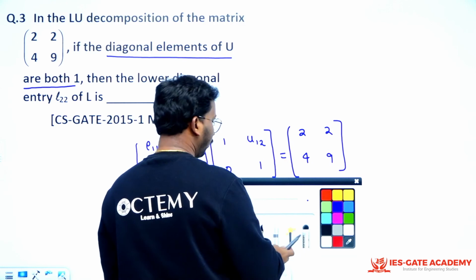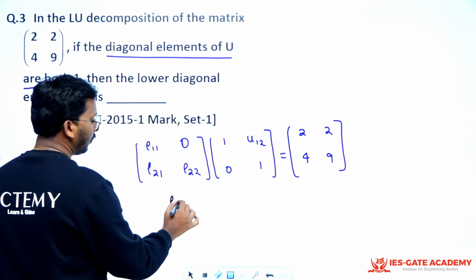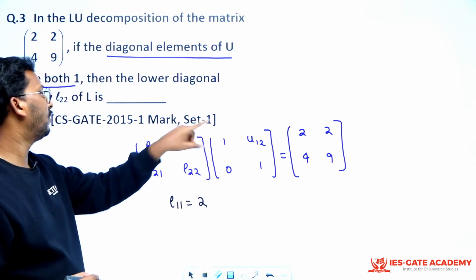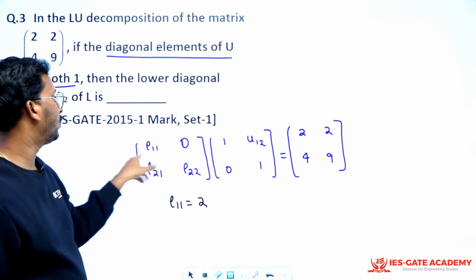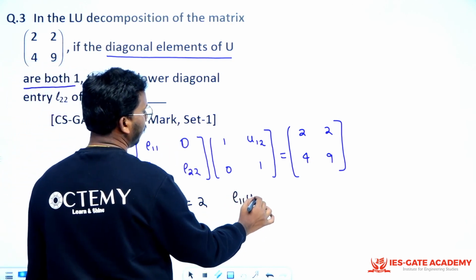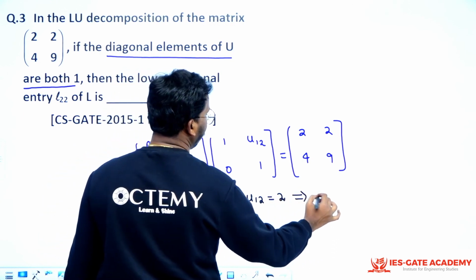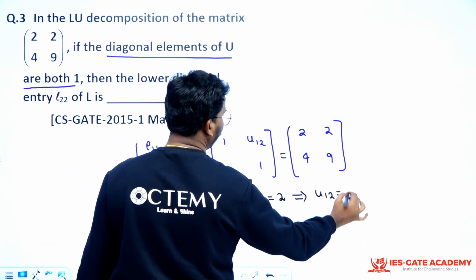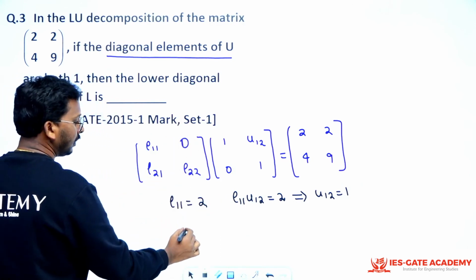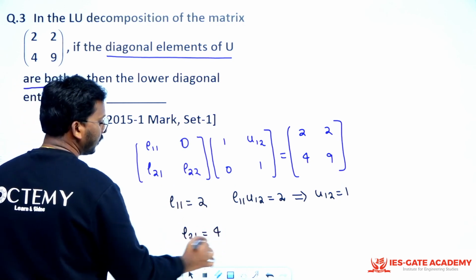Very good. So let us see what will happen here. You will get L11 equal to 2, isn't it? This into this, L11 is equal to 2. This into this, L11 U12 is equal to 2, which implies your U12 should be equal to 1, because this is 2. This into this, you will get your L21 is equal to 4.